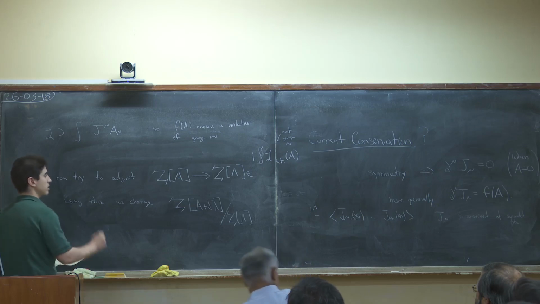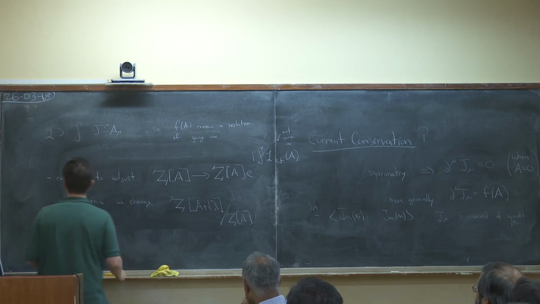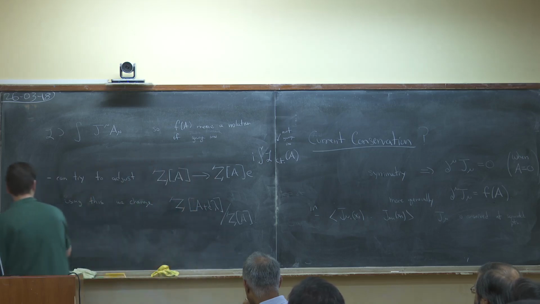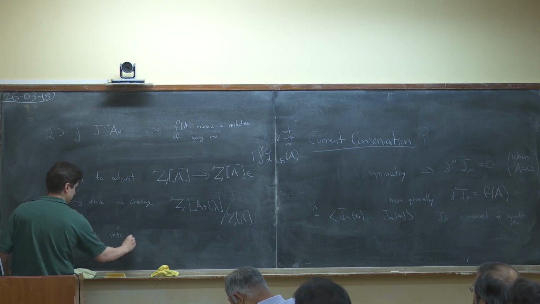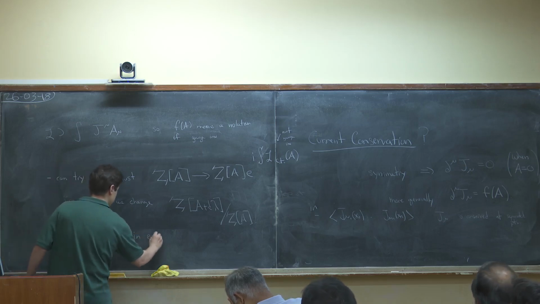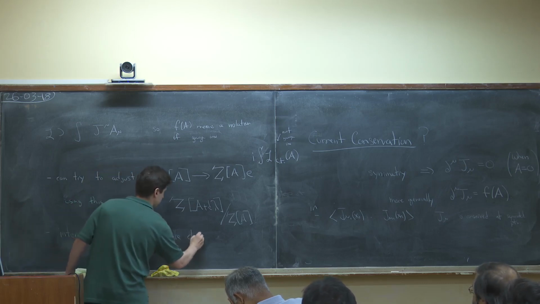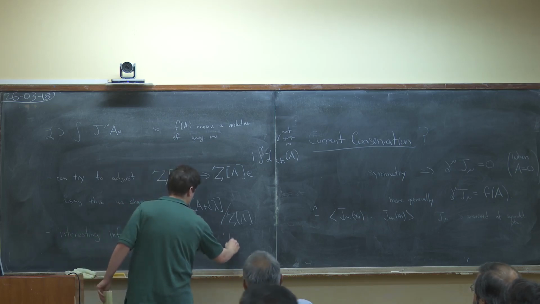So the interesting anomalies, the things that are really fruitful, are essentially the equivalence classes that you get under these modifications. And these are what are really called 't Hooft anomalies.